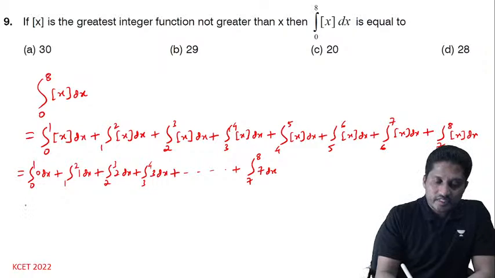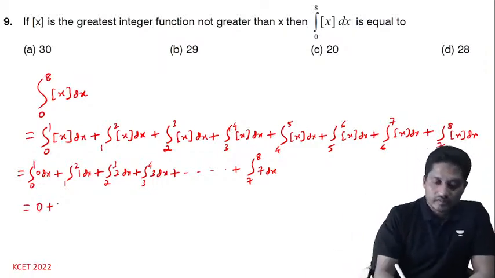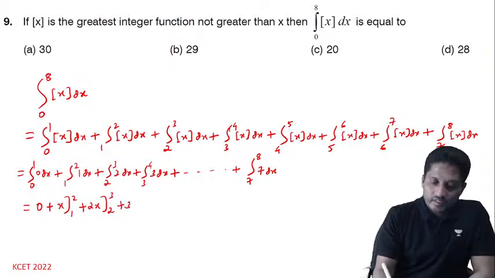Anyway, integration of 0 is 0. Integration of dx is x, upper minus lower. So this is 1 times the limits 1 to 2, this is 2 times 2 to 3, and then you get 3 times 3 to 4, and then dx is x between the limits 7 to 8.